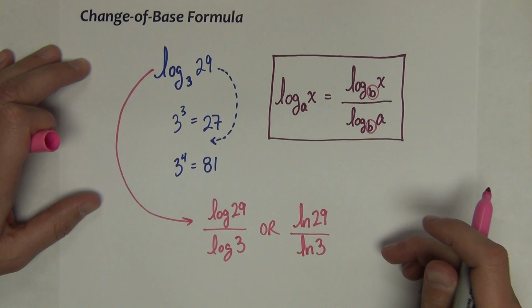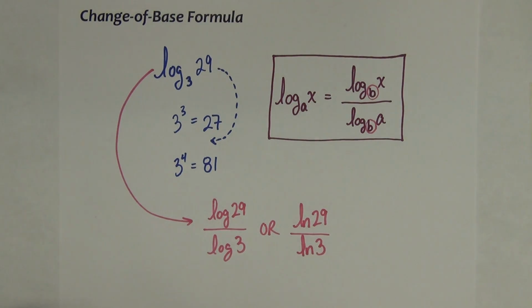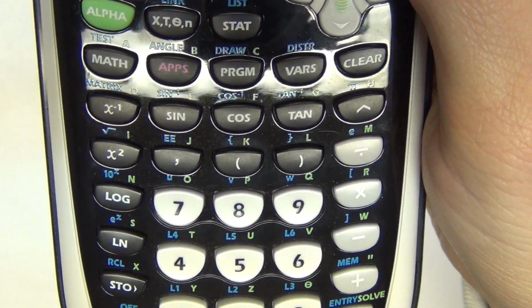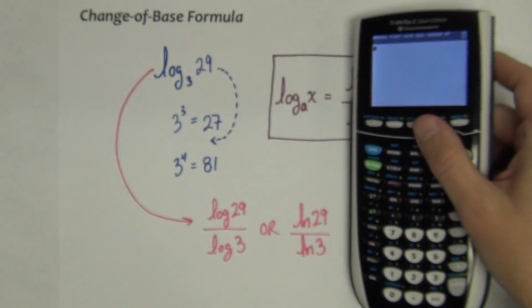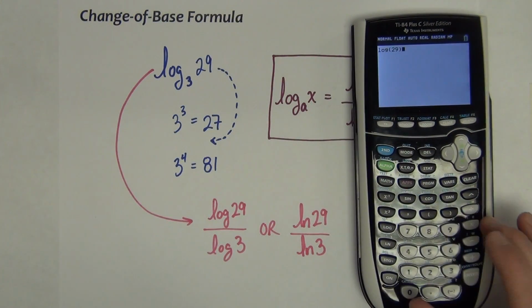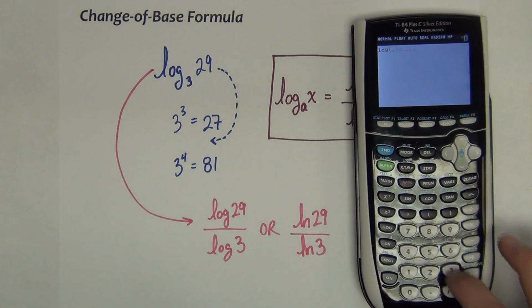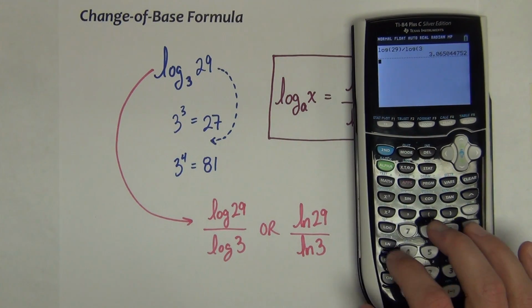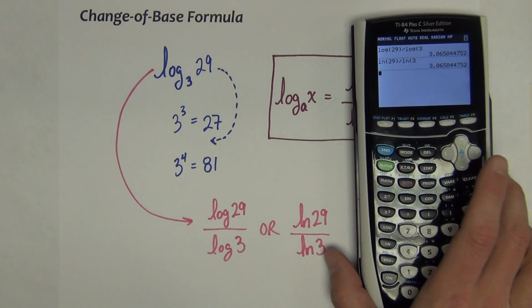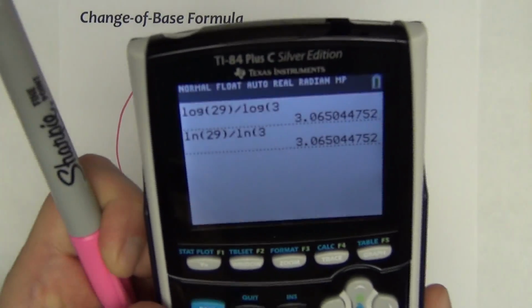Why might I do one of those two logs? The answer is that those two logs can be evaluated on the calculator. We've got buttons for those. So for example, if I were to type in log 29 divided by log 3, or natural log 29 divided by natural log 3, you see that the calculator doesn't discriminate.